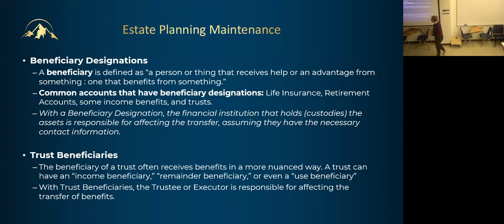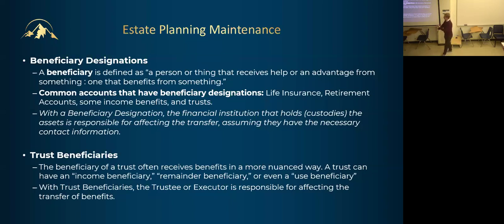So with a beneficiary designation, the financial institution that holds or custodies the assets is responsible for effecting the transfer, assuming they have the necessary contact information. Because if they don't have the information, what are they going to do?